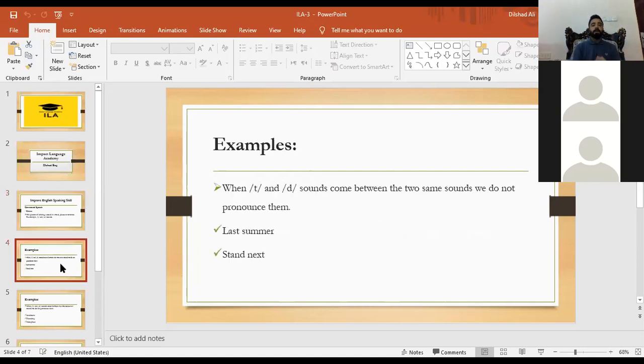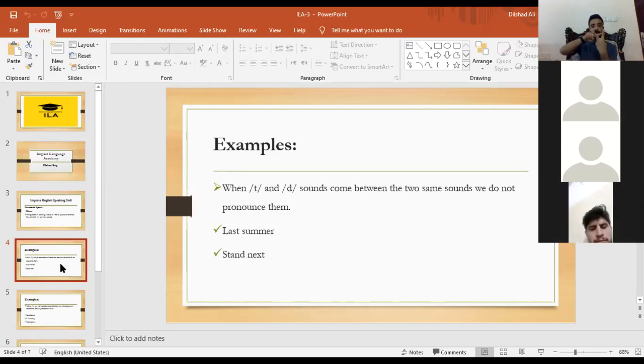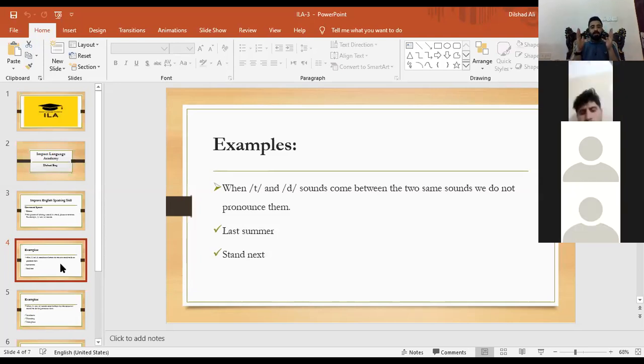So, examples. The first rule for elision is when te and de sounds come between two same sounds. So when te and de sounds come in a word, a phrase, or a sentence, the sound that comes before te or de is the same sound that comes after them.